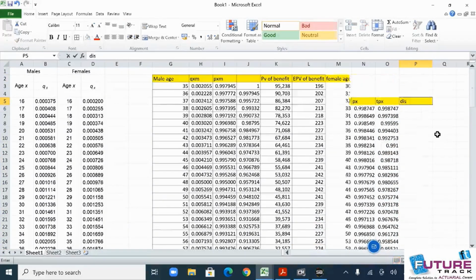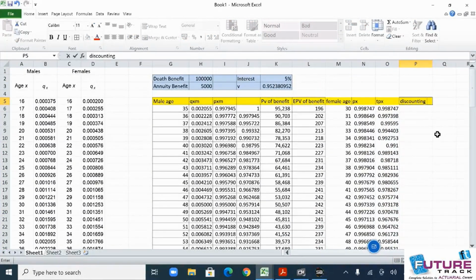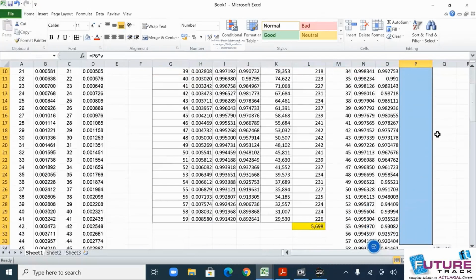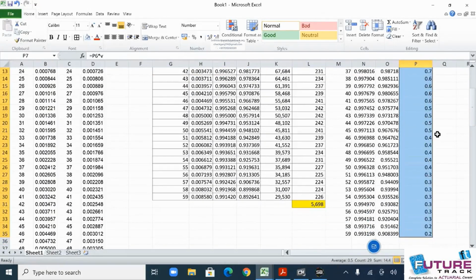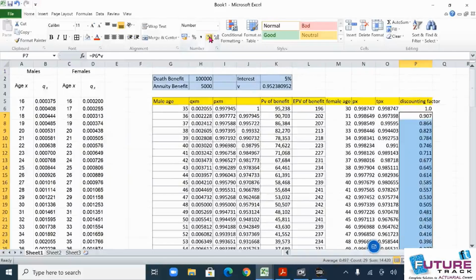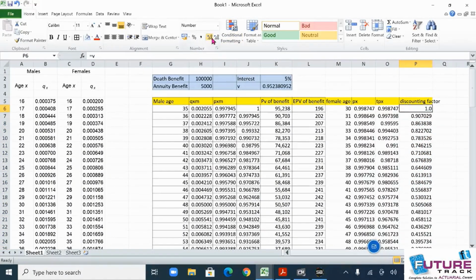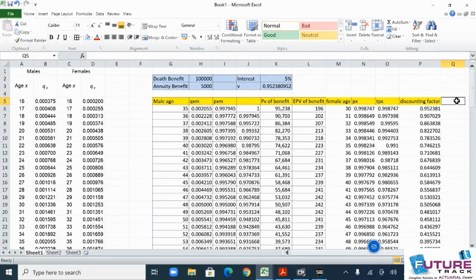Now class, we need a discounting factor also. First let's find the discounting factor. So for the first year we have V. For the next year we have V into V, and till the last we have to take. Let's increase the number of decimals here, at least 5 digits. Fine. Now class, let's find the EPV.